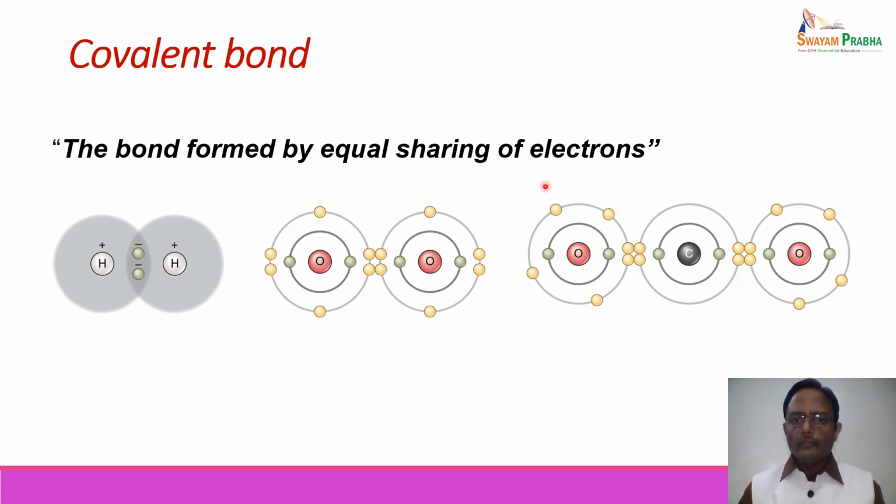If we observe this complete configuration, we find that this oxygen has 8 electrons in the valence shell, similarly this oxygen has 8 electrons in the valence shell, and simultaneously the carbon octet is also completed. So all 3 atoms get complete satisfaction from the octet completion in the valence shell. This is how the covalent type of bonding is formed, without complete transfer of electrons, just sharing of electrons between the 2 nuclei.